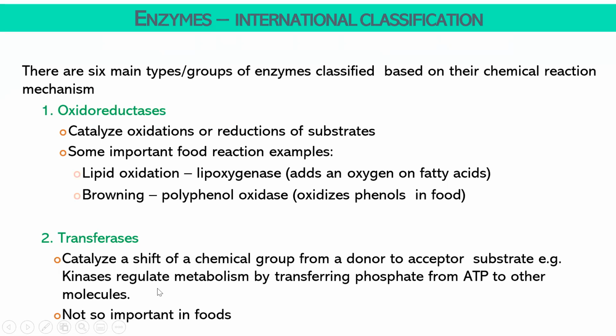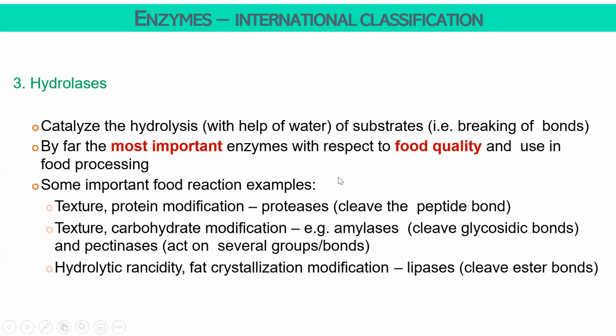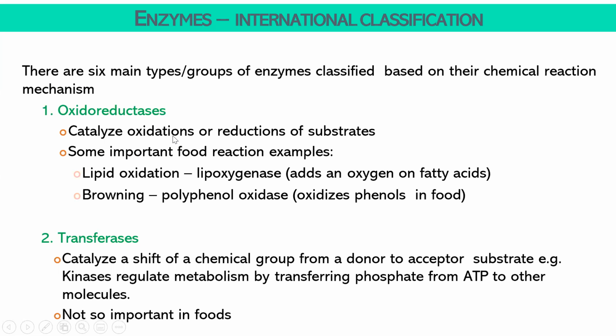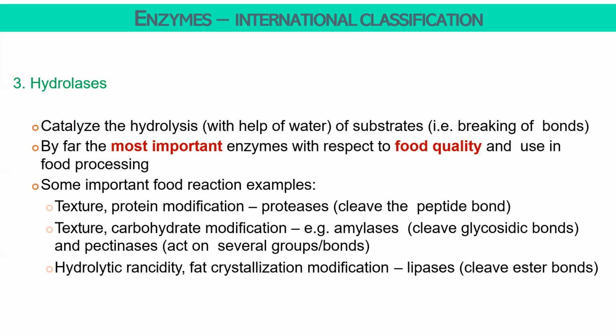Then there are transferases. As the name suggests, they transfer a group from one molecule to another. For example, transferring a phosphate from ATP to another molecule. Okay, so that is the transferases. Transferase is not really for breaking up the food molecules. Then there are the hydrolases, which catalyze the hydrolysis reaction. Hydrolase, hydrolysis.